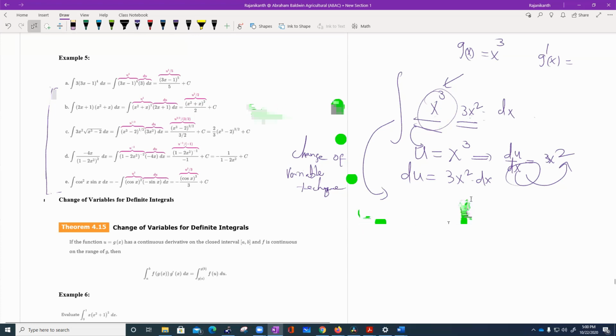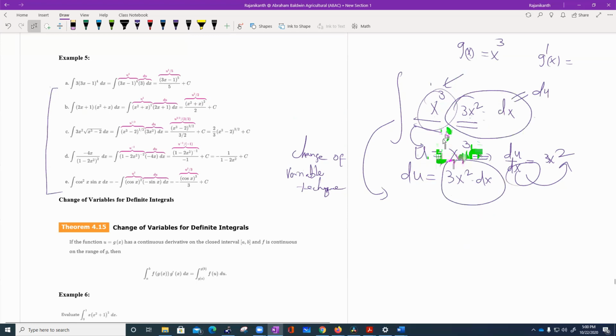So if this is the case, I could replace 3x squared times dx, which is equal to du. So this is going to be du. But remember, according to my substitution, x cubed was u. So this was u. That means I'm rewriting the original problem as u times du, using the new variable.